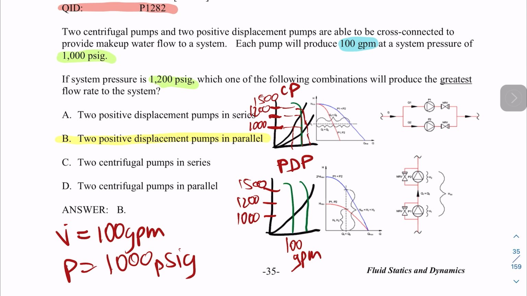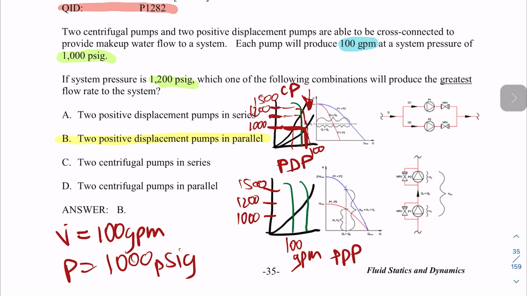If we have 1000 psi and it gives us 100, and that's what we have here, and we increase this one, we're going to keep getting lower and lower. So the one that is going to give us the greatest flow is going to be a PDP, because no matter if we increase, we're going to get the same flow. Whereas in this one, it is inversely proportional on my CP.